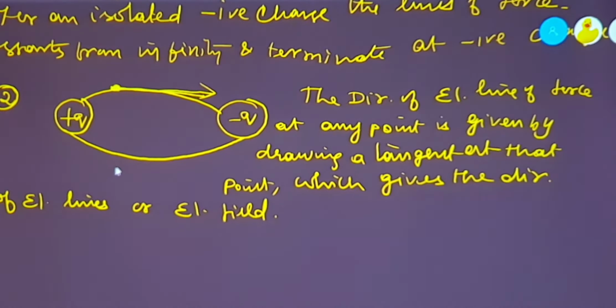If I am drawing a tangent here, the tangent drawn will be like this. Along this you will be getting the direction. So, the tangent drawn will be giving you the direction of the electrical lines of force or the electrical field vector, whatever may be.